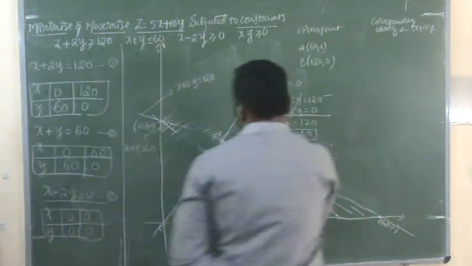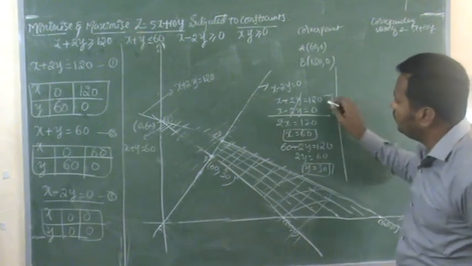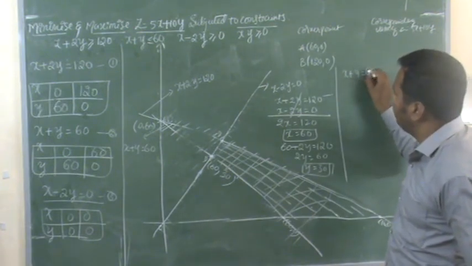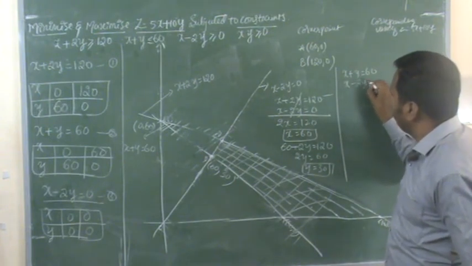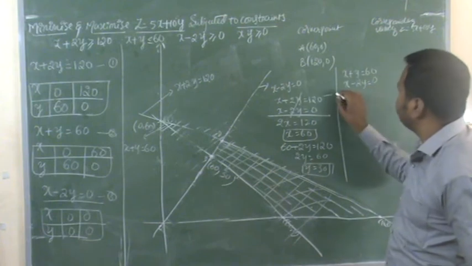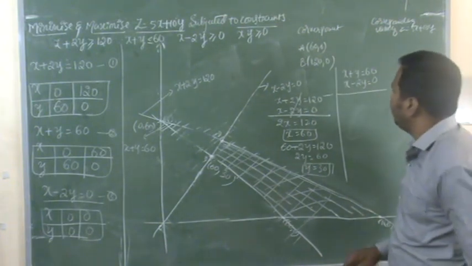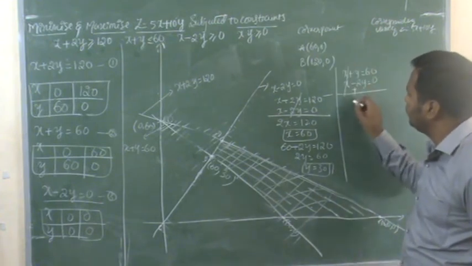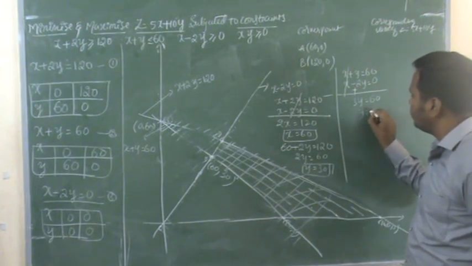Now solve the second line, that is x plus y is equal to 60, and the intersection of the line x minus 2y is equal to 0. Now on subtracting we get 3y is equal to 60 and y is equal to 20.